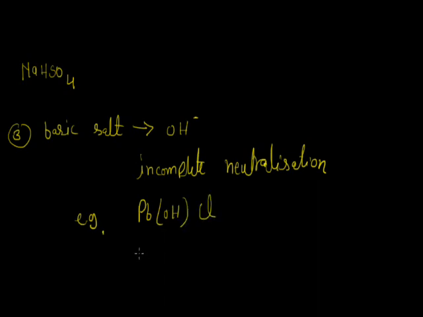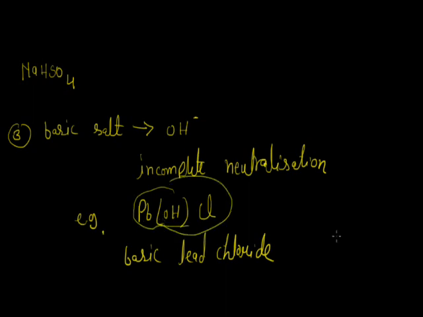Its name is basic lead chloride. It is a basic salt since it contains 1 OH-. Similarly, another salt is basic lead nitrate, PbOHNO3. It is again termed as basic salt.